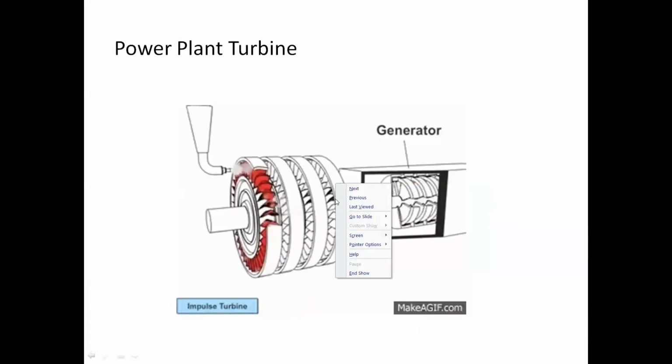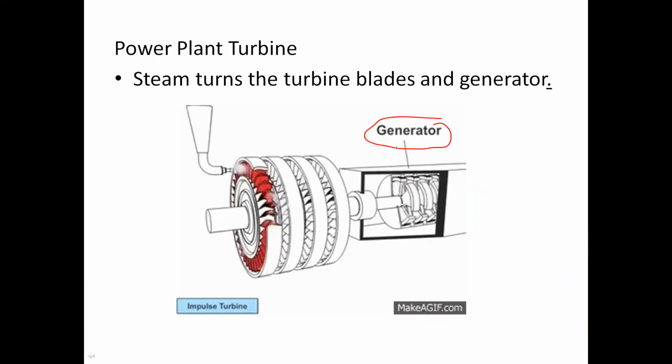Now, another example of an external heat engine is this power plant turbine. We know that the turbine is very important in power plants because it is attached to an electrical generator. In this case, they also use steam, so the heat source is also outside. The steam turns the turbine blades, and it also turns the generator.